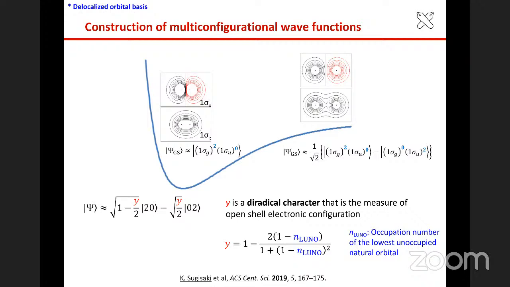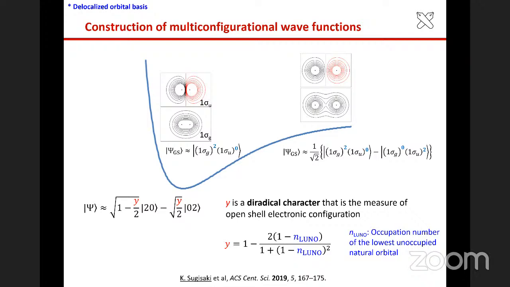Basically, the wave function can be written like this, where y is the diradical character, which is a measure of the multi-configurational character.